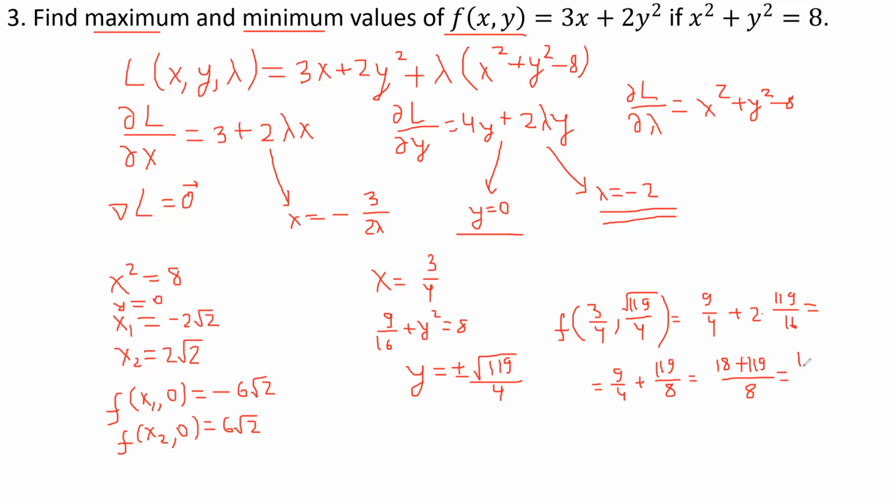And this is just 137 over 8. Well, 137 over 8 is more than 17, so it's the largest value. So the maximum value of f will be 137 over 8, and the minimum value of f will be minus 6 square root of 2. So this is the solution of the third problem.